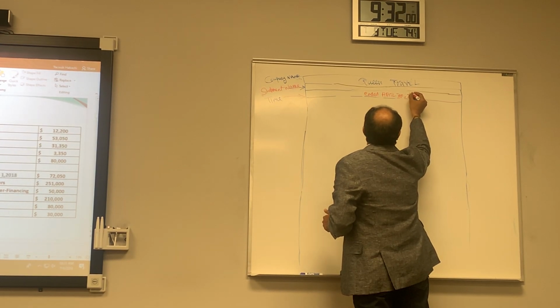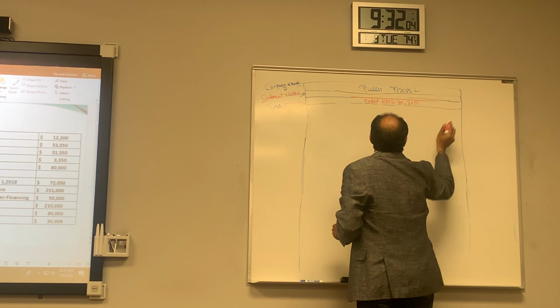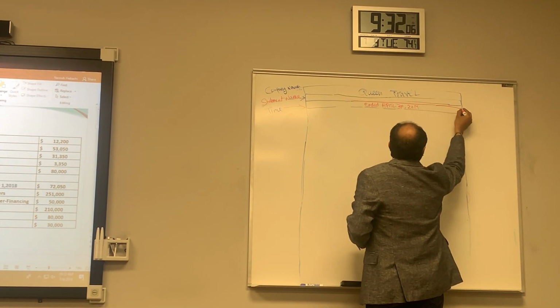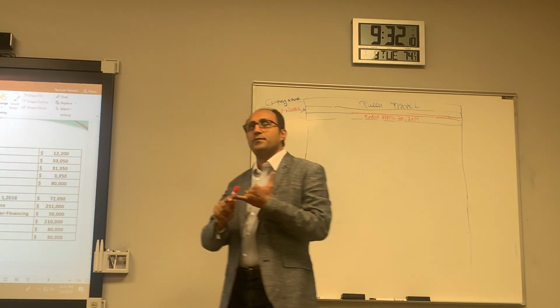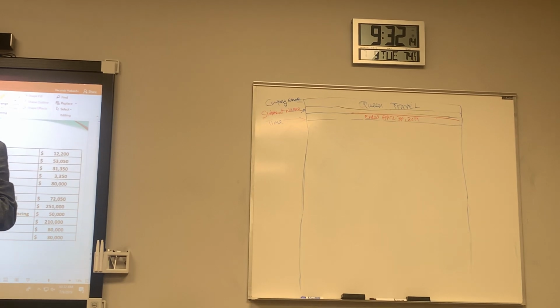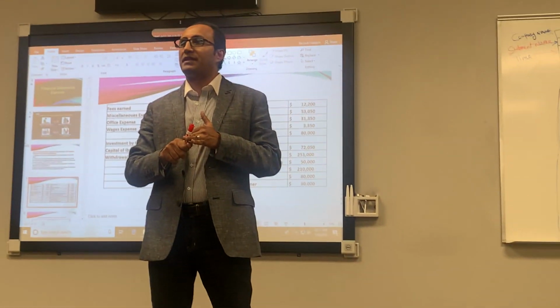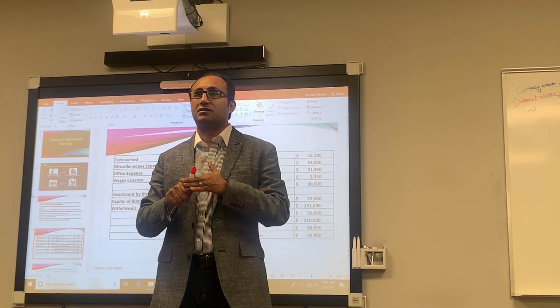No, second section, investment activities. Third section, financing activities. And the order: first section, operating activities. Second section, investment activities. Third section, financing activities.